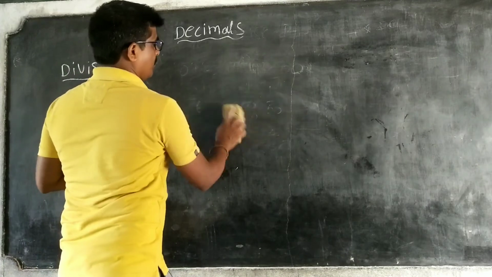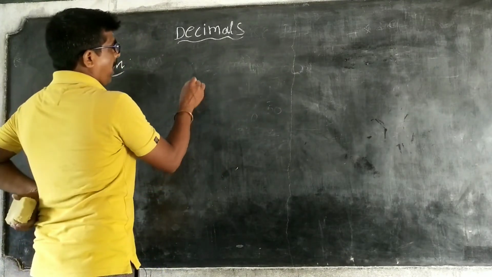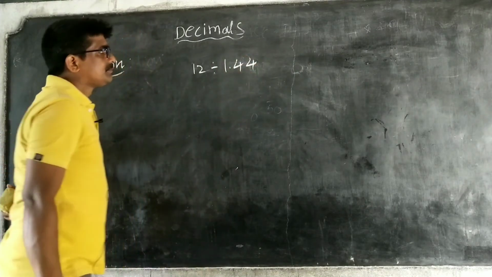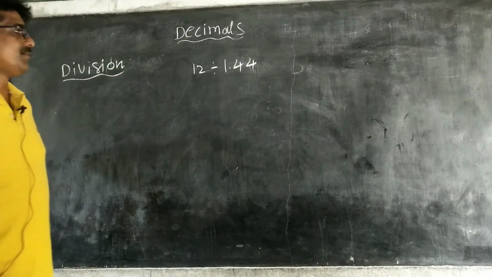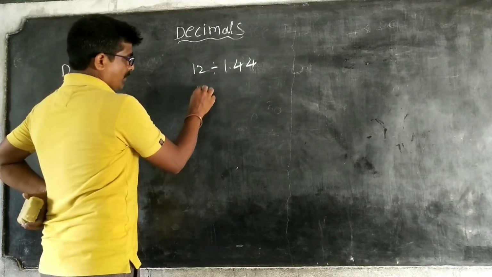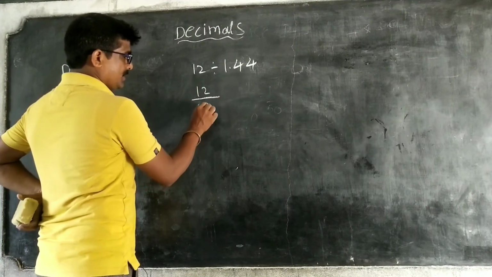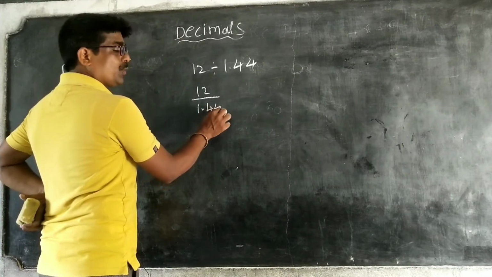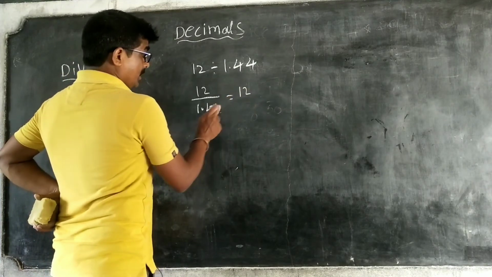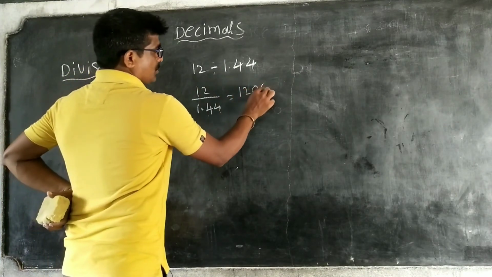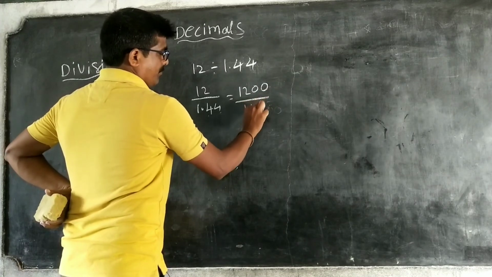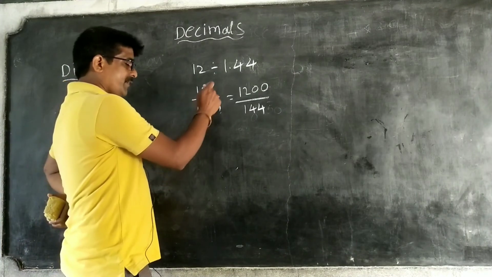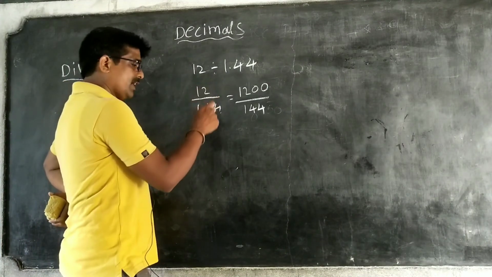Next, another example I am taking: 12 divided by 1.44. Simple. So 12 divided by 1.44. The point is after 2 decimal places, so you keep that many zeros up. That is equal to 1200 by 144. If the numerator has decimals, you keep zeros in the denominator.